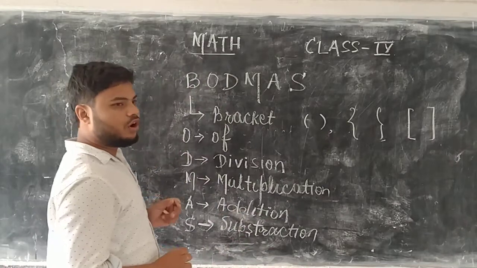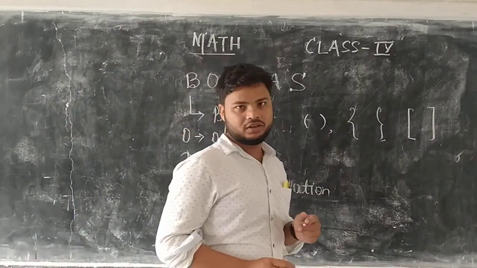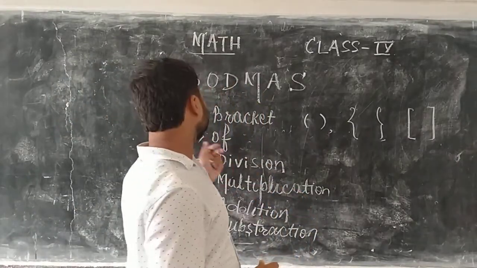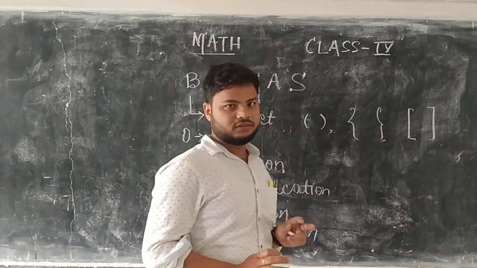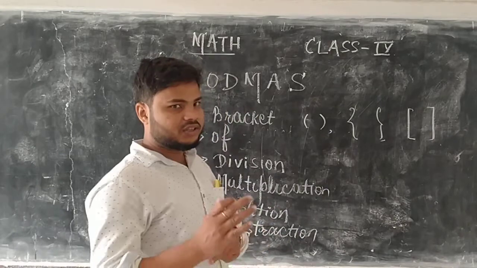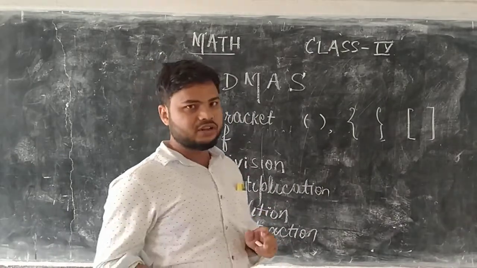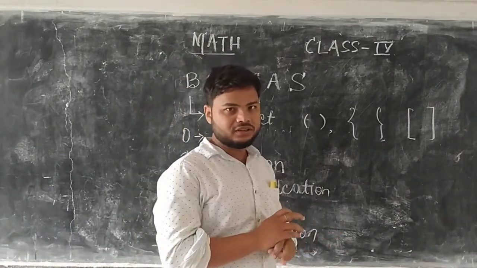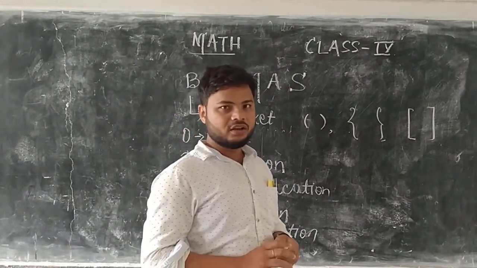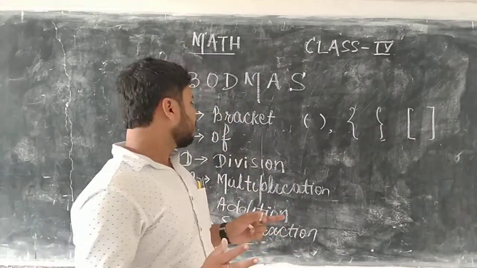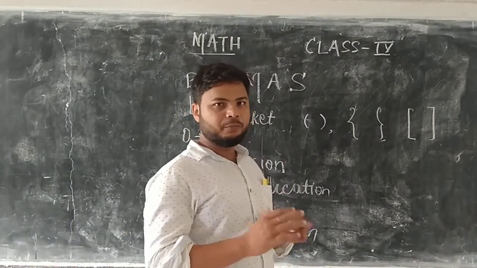But the next one is of. Of also means multiplication. After that comes division. If addition, subtraction, multiplication and division are also present in that simplification, then we will divide first, after that we will proceed.